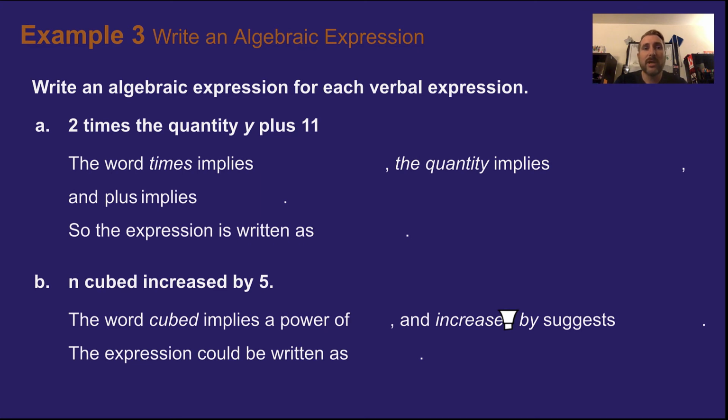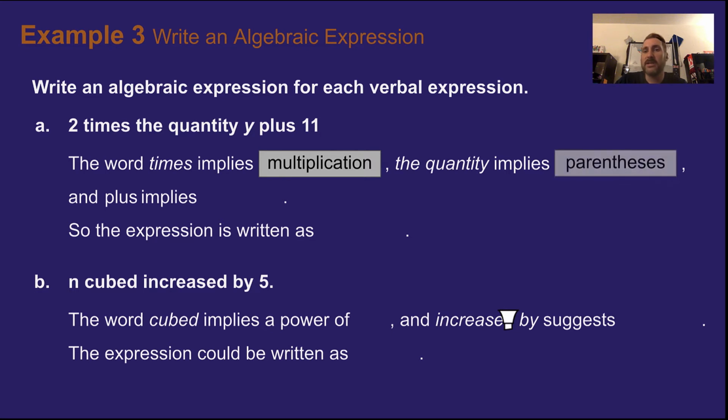Example 3. Write an algebraic expression. So write an algebraic expression for each verbal expression. A says 2 times the quantity y plus 11. The word times implies multiplication. The words the quantity implies the parentheses.